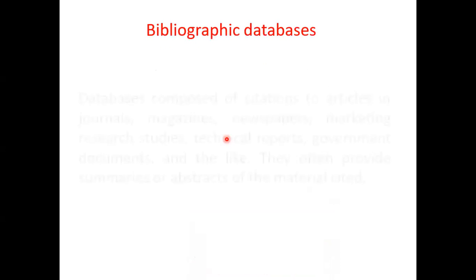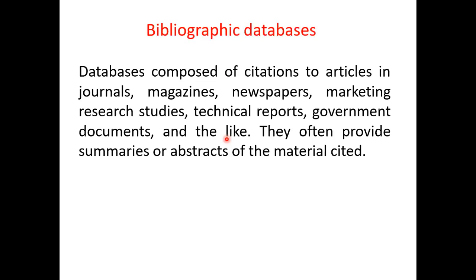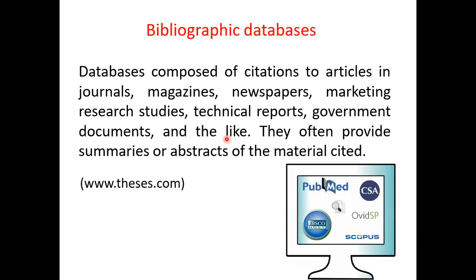Then you have bibliographic databases, which are composed of citations of articles in journals. Maybe you want to do some bibliometric analysis, as we discussed previously. So that could be a source of data. Like you go, for example, to thesis.com.